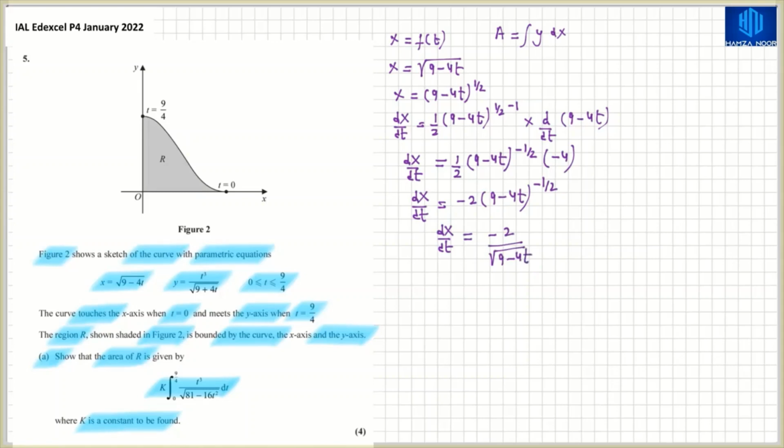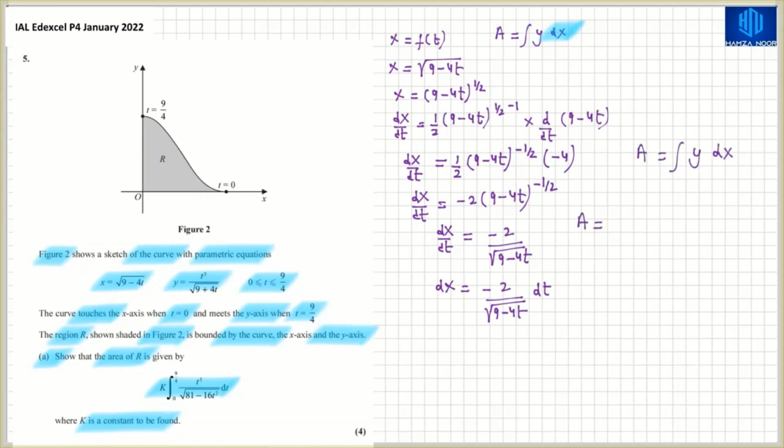Now we make dx the subject of the equation. So dx is minus 2 divided by the square root of 9 minus 4t, multiplied by dt, as we want something in place of dx, and obviously in terms of t. We want to find the area, which equals the integral of y with respect to x.